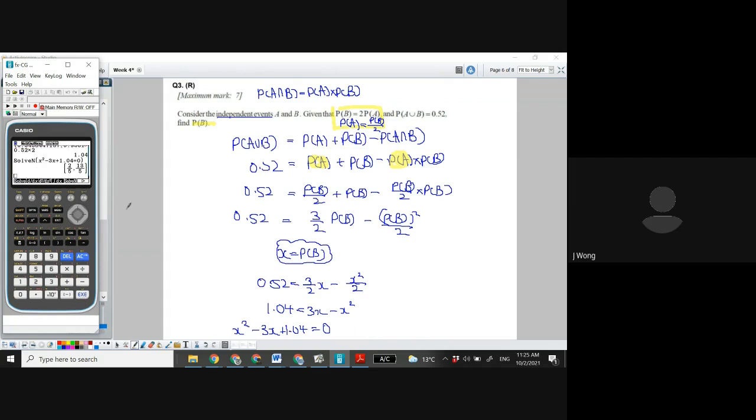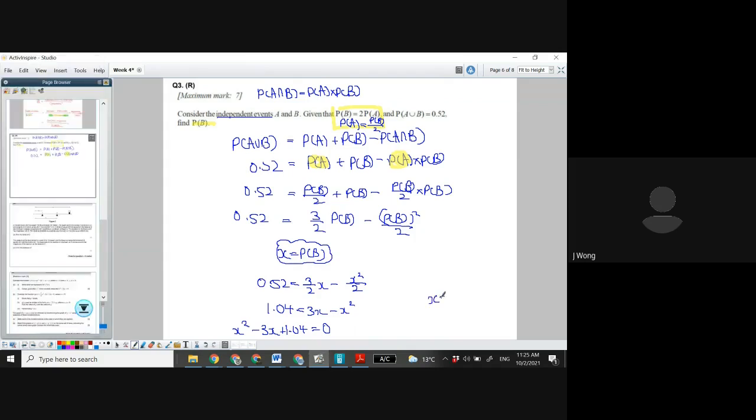Okay, and then you get these two answers. So probability of B, which is now x, is either 2 over 5 or 13 over 5. Since this is a probability, 13 over 5 is out of consideration, so it's just 2 over 5. That's the final answer.